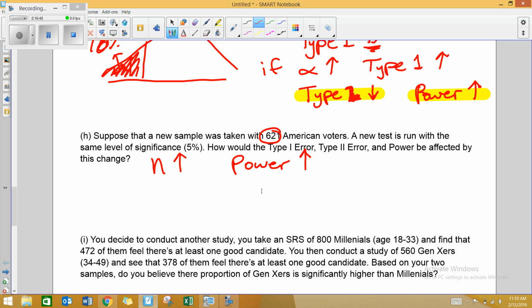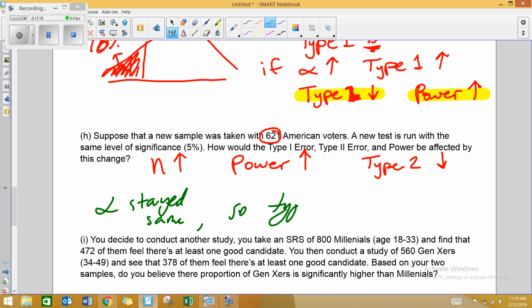And if we remember, power is 1 minus beta. So if this number is getting bigger and bigger, then that must mean that beta, our type 2 error, is getting smaller. Again, those always move in opposite directions. So power goes up, type 2 goes down. Well, what's happening to alpha? Well, alpha stayed the same, so type 1 stays the same.